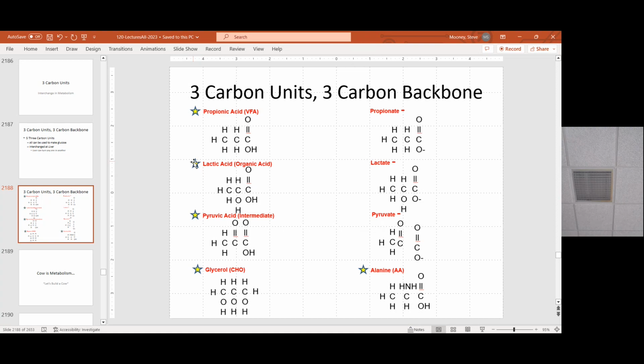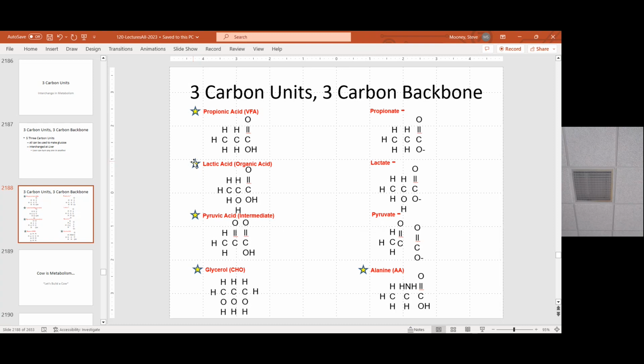Pyruvic acid, where does that come from? Metabolism, specifically what part? This is the end of glycolysis.